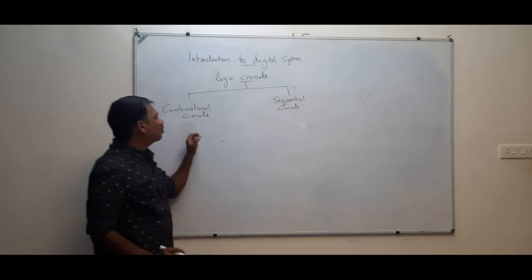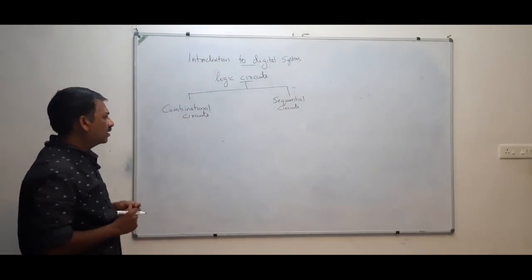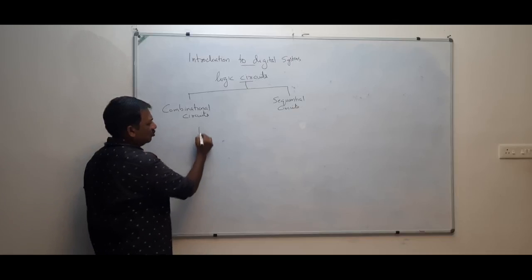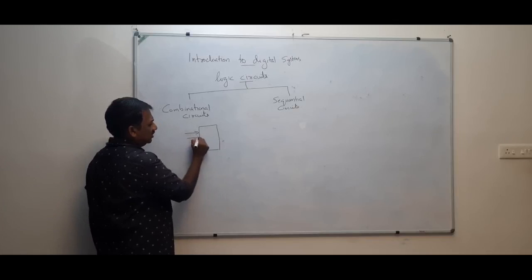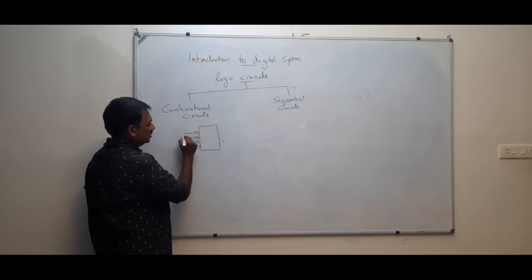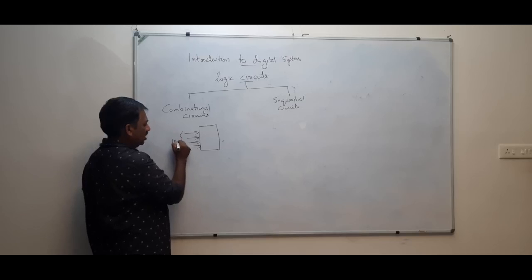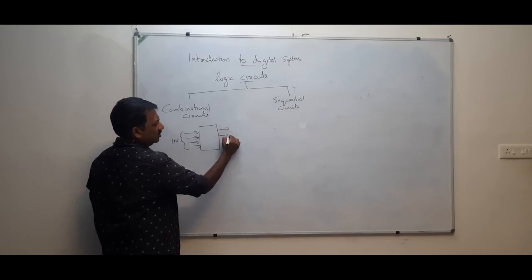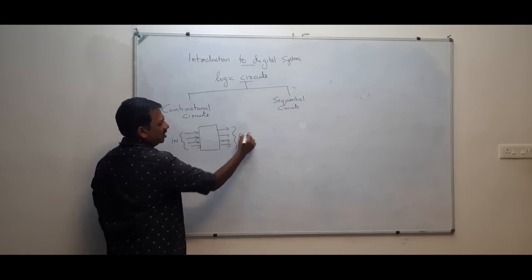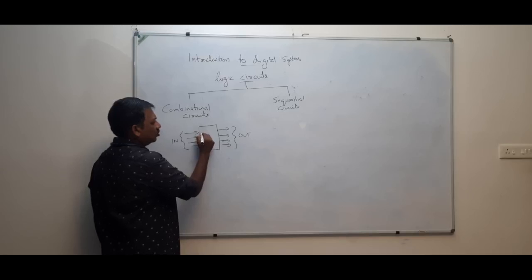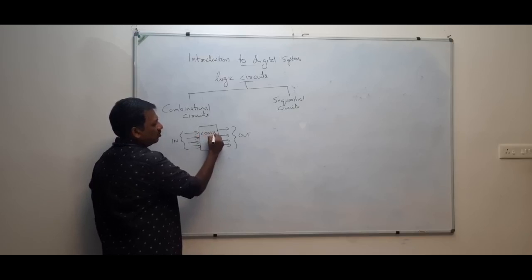In the case of a combinational circuit, suppose that this is a combinational circuit and it has a number of inputs like this. These are inputs and these are outputs.